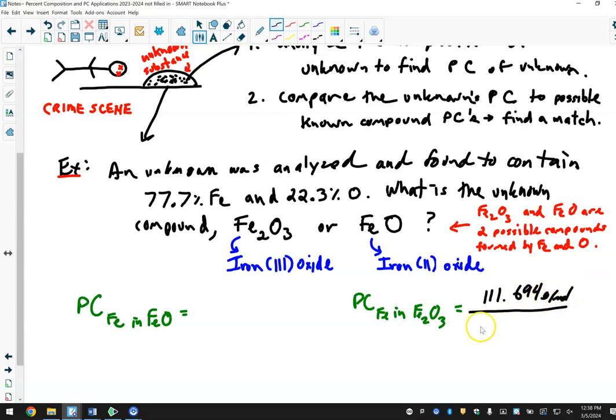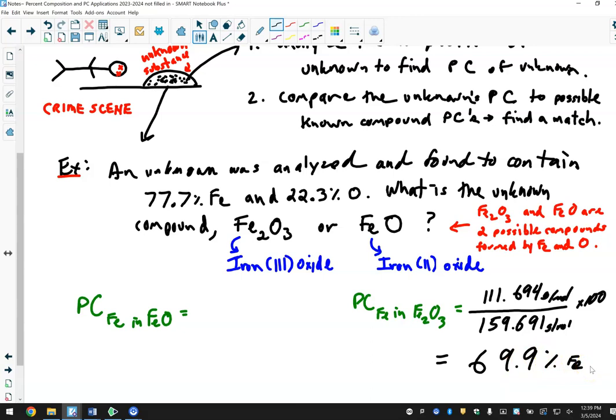What's the total molar mass of Fe2O3? 159.691 grams per mole, times 100. So what's the percent of iron in Fe2O3? 69.9%. 69.9% iron. So it doesn't look like a match, does it? Because it should be 77%.